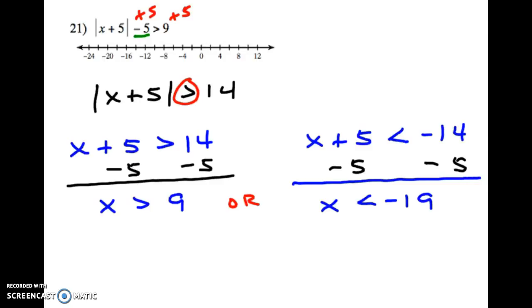Now, some funky stuff here with the graph. We've got x is greater than 9. Notice if we look at the number line, each space is going by 2. So we have 8, the missing space was a 10, and the 12, so it means 9 is halfway between that. So I'm going to approximate that. Going with an open circle, and we're going to go to the right.